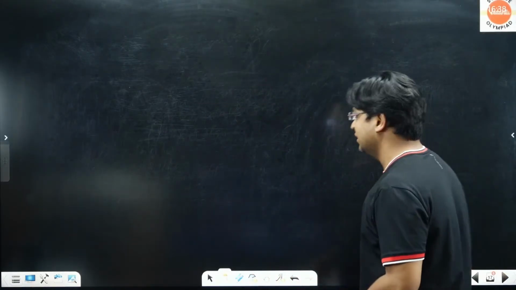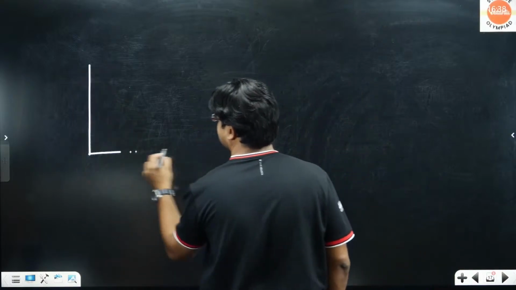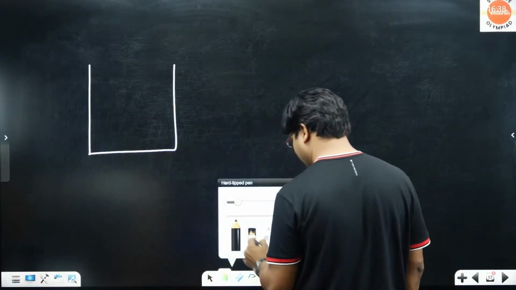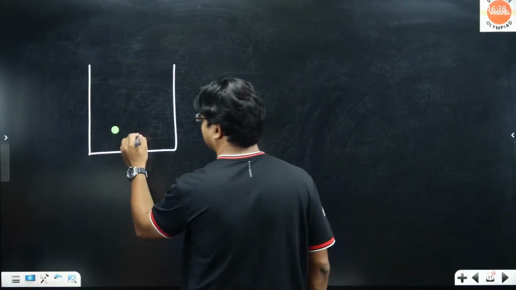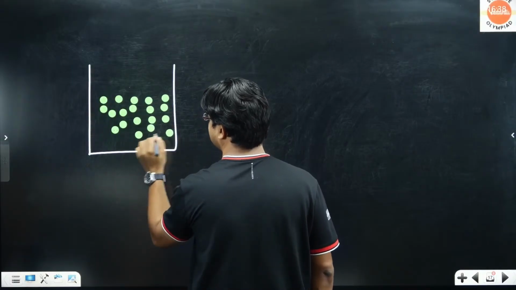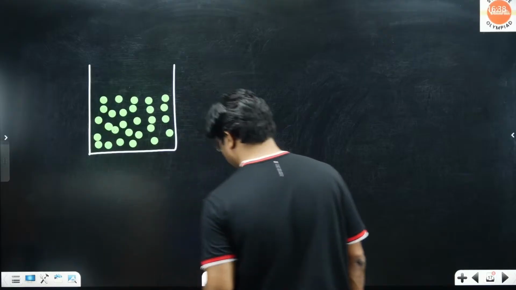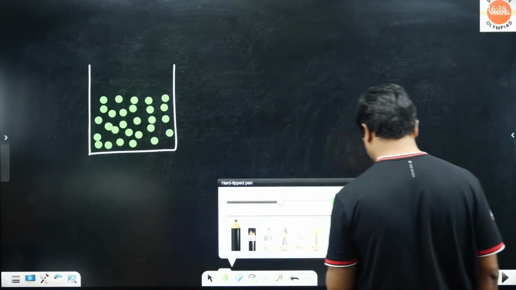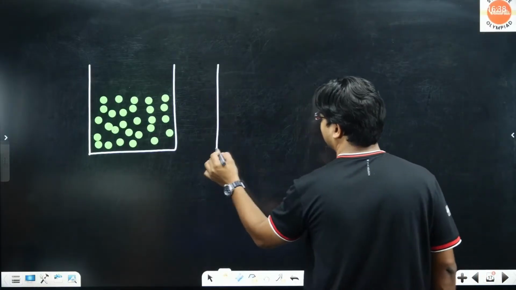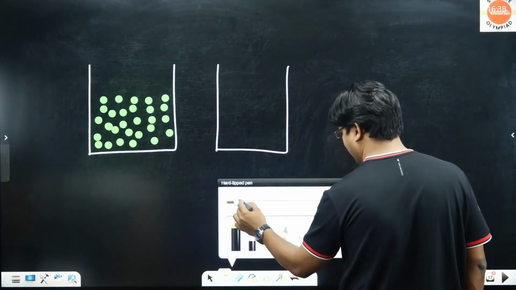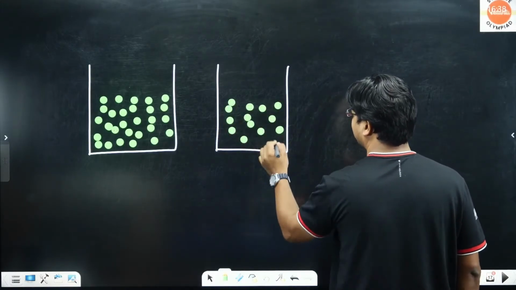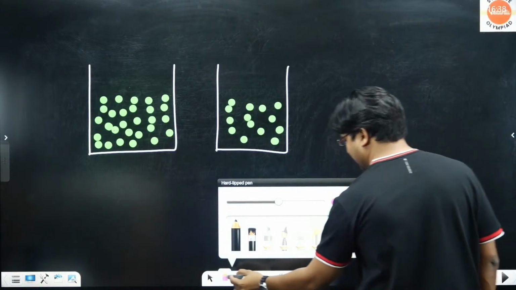If I have to depict it in a picture, let's say this was a container containing only X, and I'm denoting X with dots. So these are X nuclei. Initially we only had X nuclei. After some time, in the container, apart from X nuclei, there are some other nuclei as well.